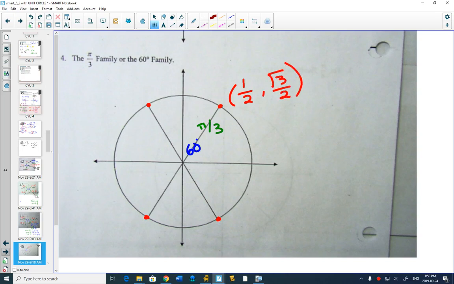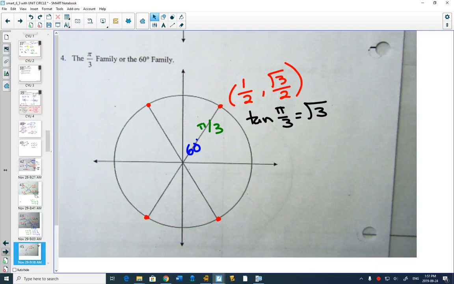Sine of 60 degrees is root 3 over 2. I'm going to stay consistent. I've done radians every single time here. Tan of pi over 3 is root 3. I'll give you a minute head start to finish the whole thing.